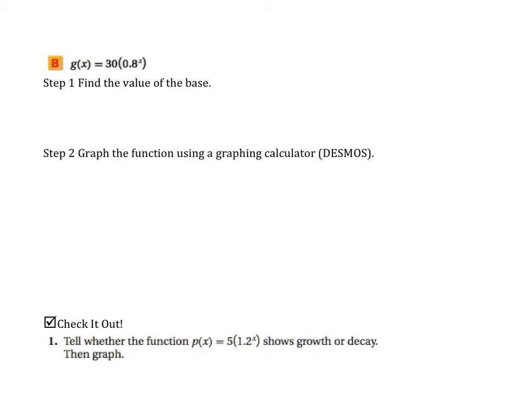Looking at the next one, I have an a value this time. B is always what is raised to the exponent. So b is 0.8, which is between 0 and 1, or less than 1.